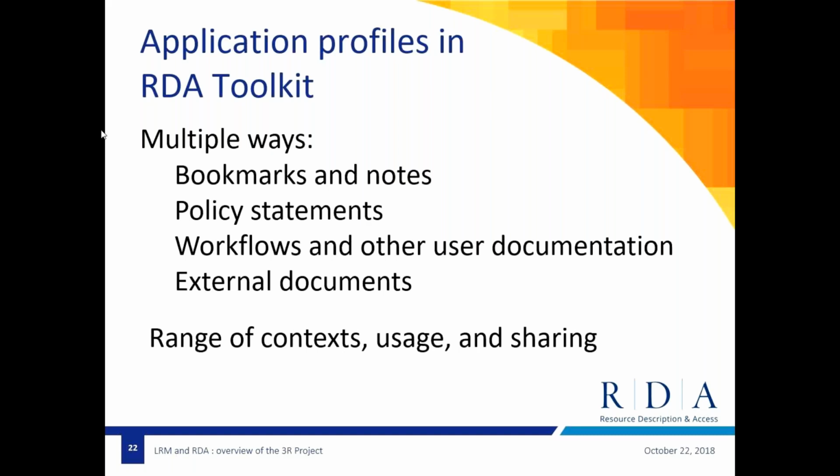The application profile will act like a route map. So there are multiple ways we can offer already within the toolkit to encode application profile style information. There are bookmarks and notes, policy statements I've mentioned, the workflows and the other user documentation.